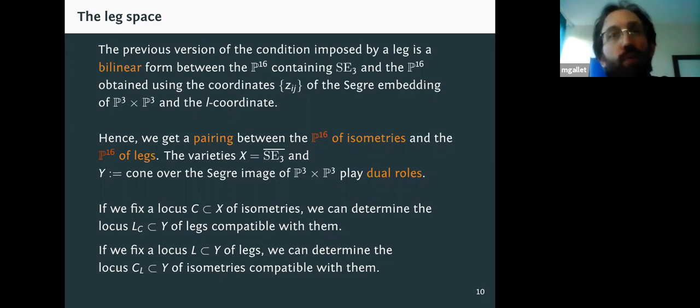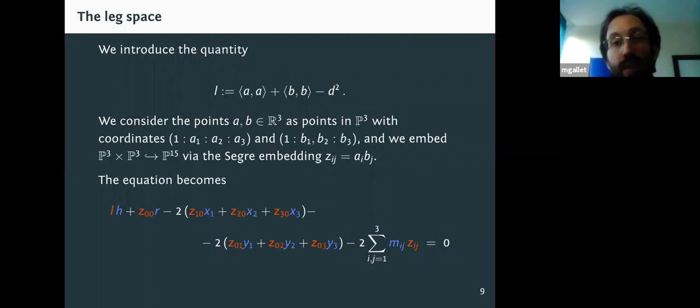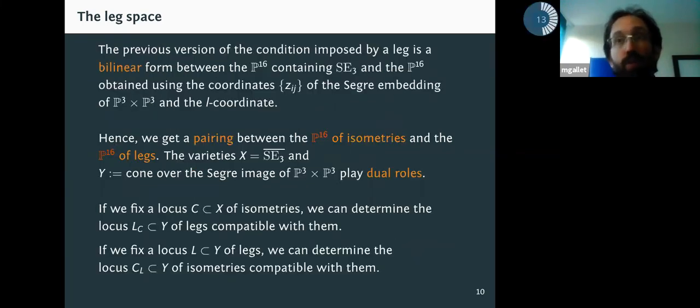So this variety, which we denote Y, is the cone over the image of P3 times P3, because what we encode are the 2 points, the base and the platform points, and their distance, okay? So then the previous bilinear equation determines a duality between these two projective spaces.